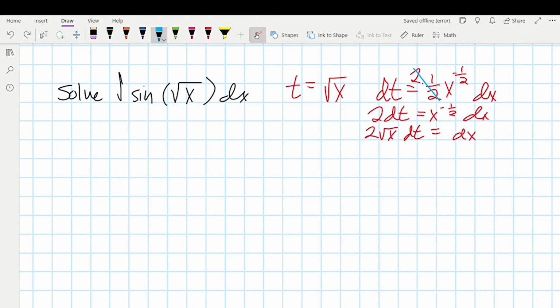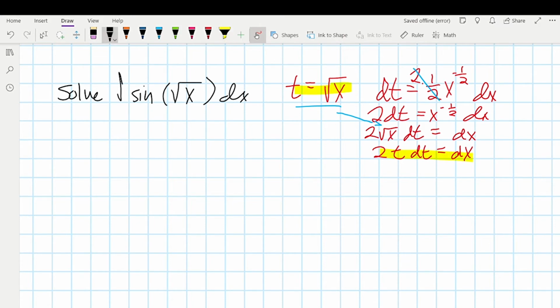And this actually helps us because we know that t is the square root of x, so we can just put that in. So we will rewrite this again as 2t dt equals dx. And so now we know our t and we know our dt.